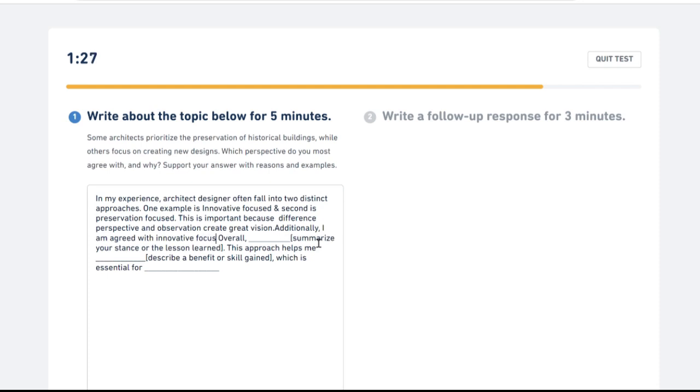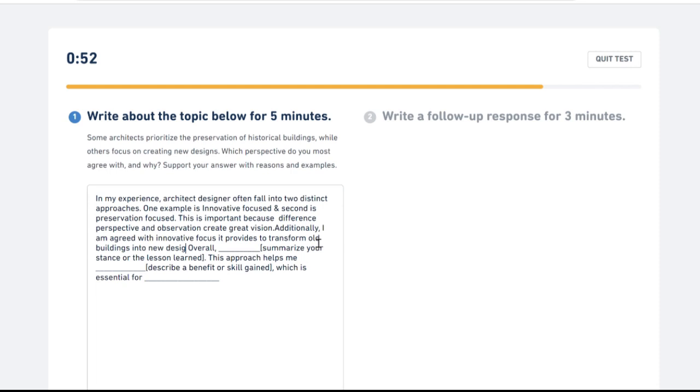Then I always recommend to my students to proofread before submitting interactive writing, because many students make spelling mistakes, grammatical mistakes and template errors, and these things matter a lot here.